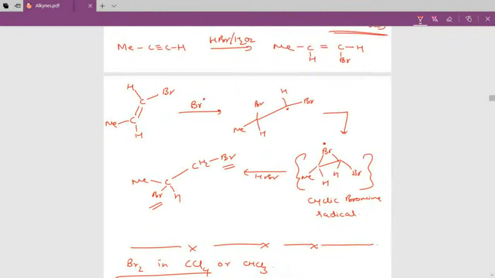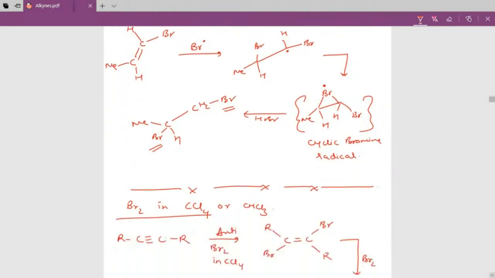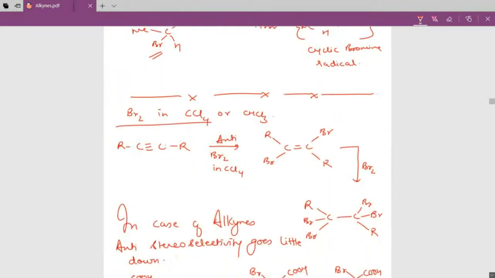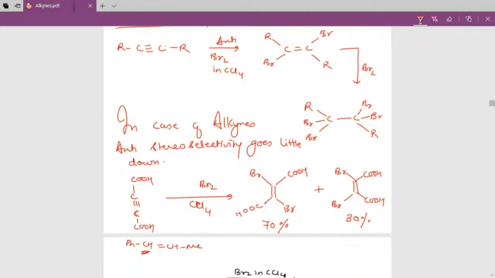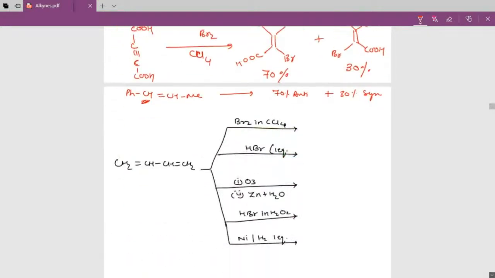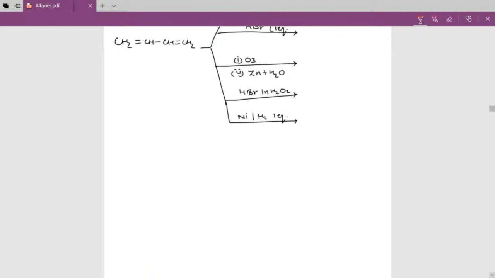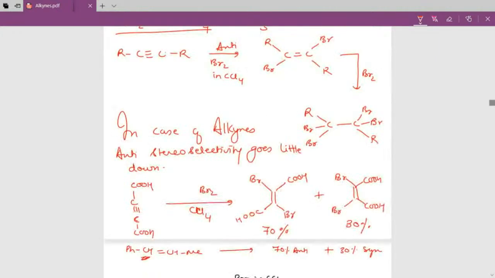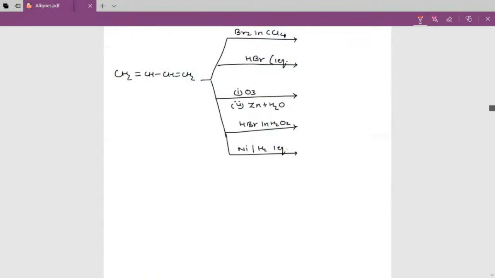Then also this anti selectivity is found to go relatively less. Here also, in case of styrene, it is 70% anti and 30% syn. Okay, so I thought that by this I'd be over with the alkynes, but as I have some more alkynes, I'll use this later.